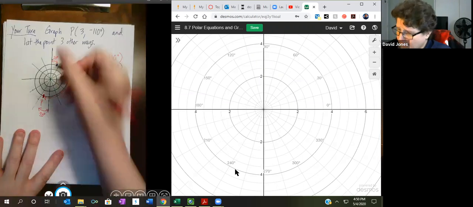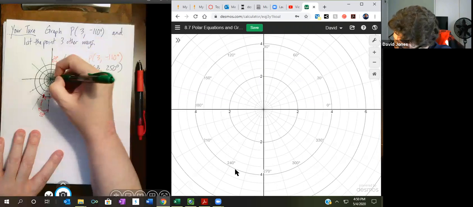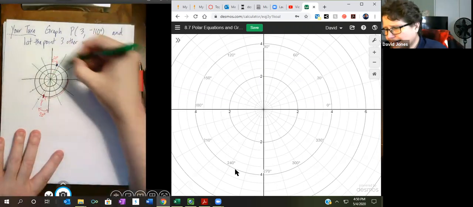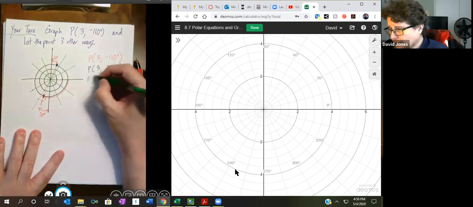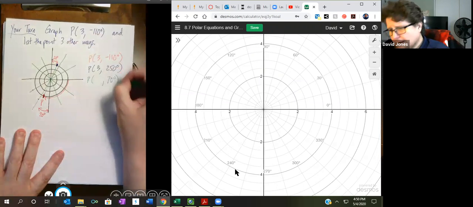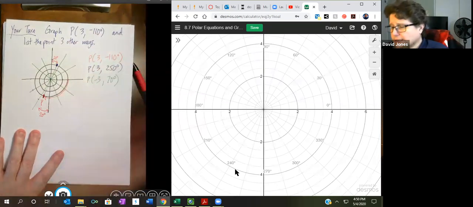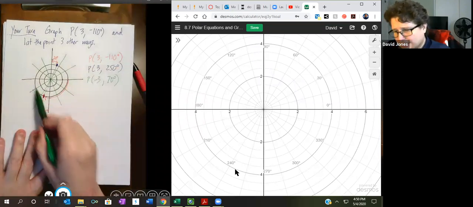That's how we keep that symmetry going. And I know this whole thing is 90, so I could go out 70 degrees. And then I could use a negative radius and flip to the other side. Or likewise, go -3 this way and rotate 70 degrees.